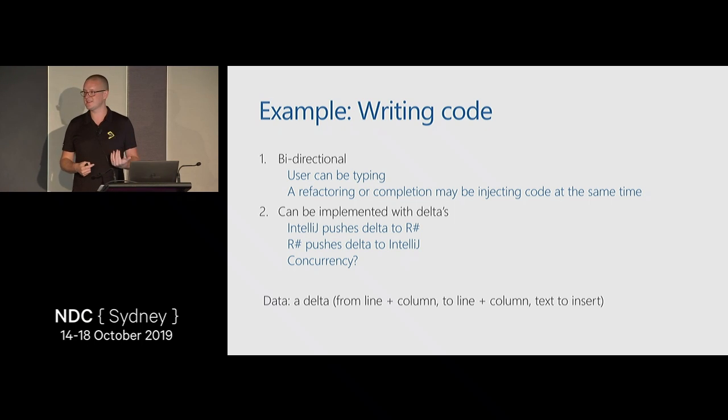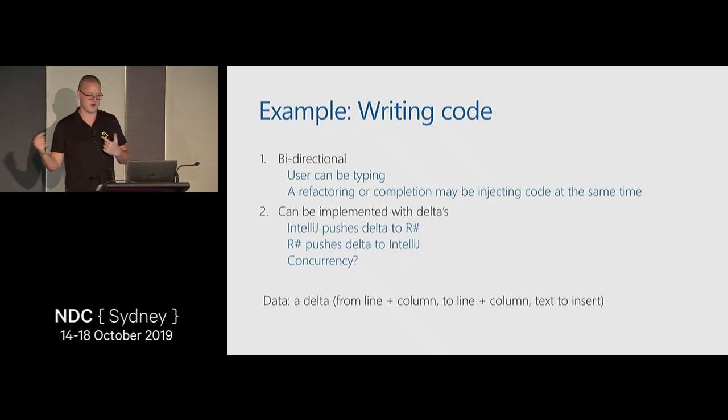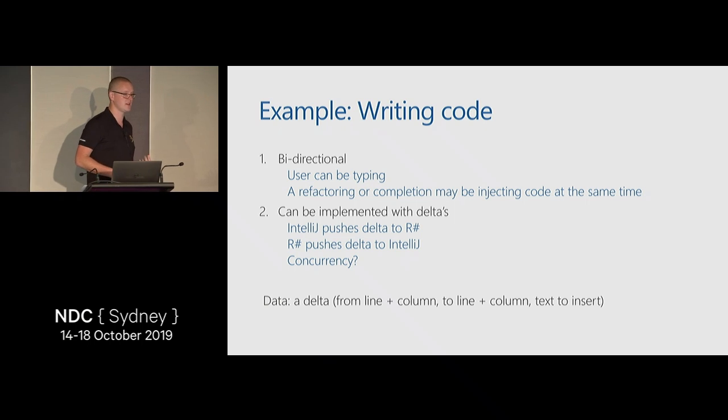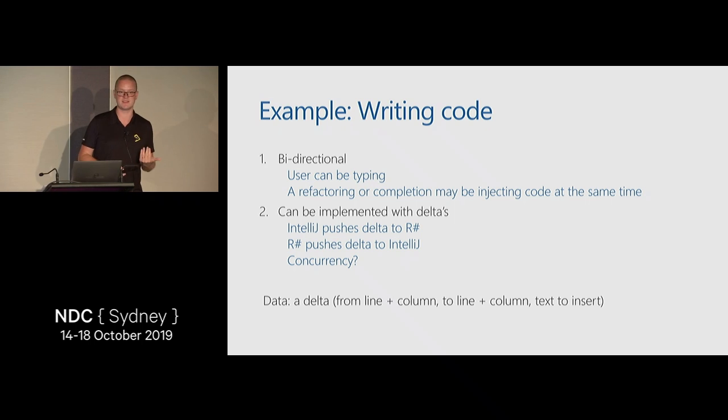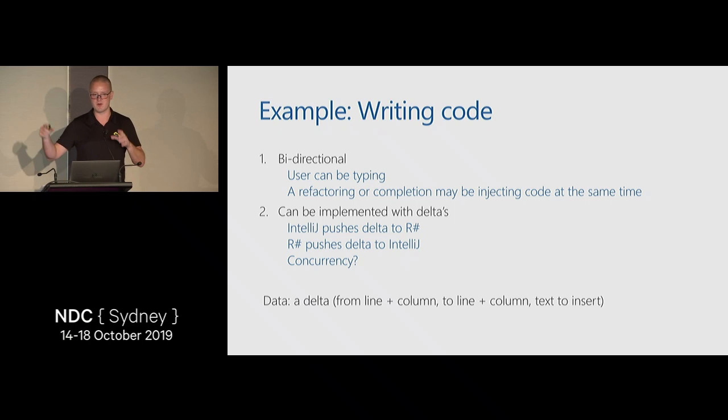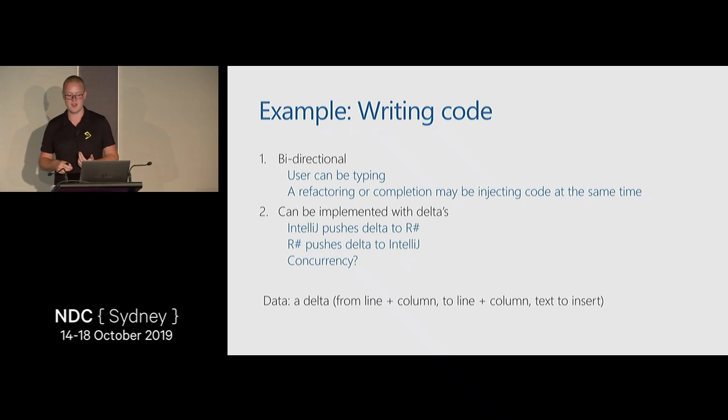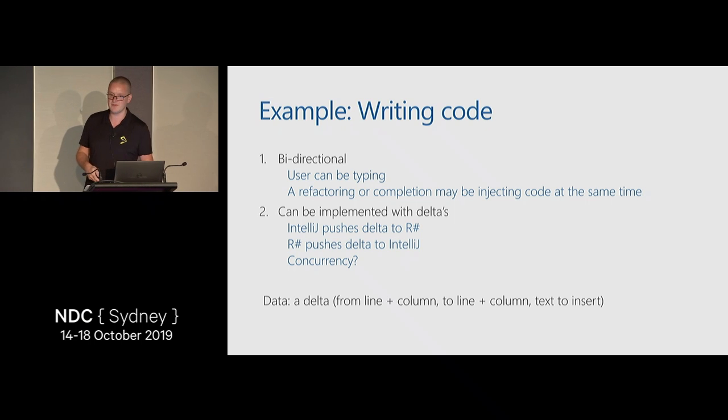If you look at the data structure that has to go between those two processes, that's going to be easy. It's going to be a delta of how the document has changed between a number of keystrokes. If I write public and Resharper adds a method name or brackets or whatever, we can have a delta that says, okay, two brackets have been added, and publish that vice versa between the two projects. So the data itself is again fairly easy.